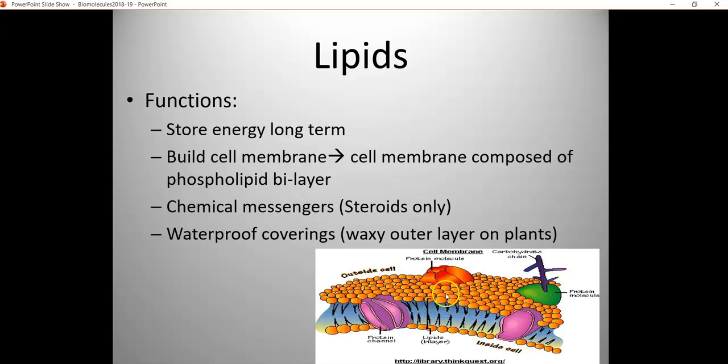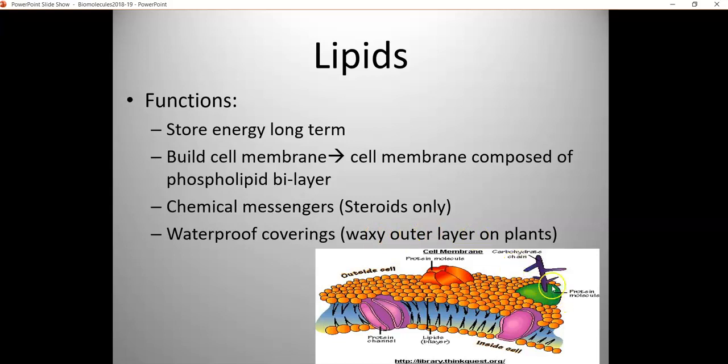So you've got this head, and then you've got a tail here. So you've got the lipids on the outside and then the fatty acid tail. Okay, they also work as chemical messengers in steroids and as waterproof coverings, like the waxy outer layer on plants, on the leaves.